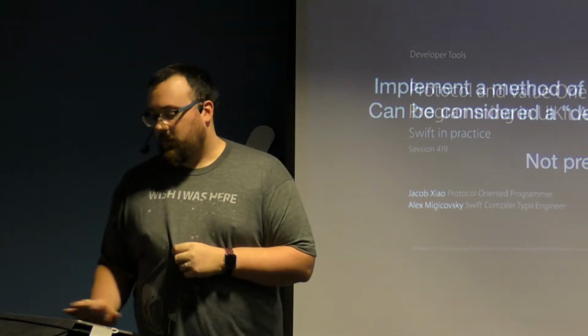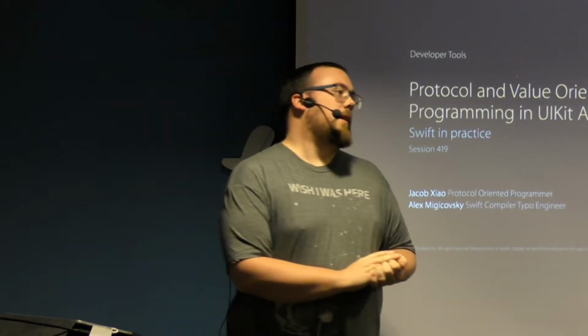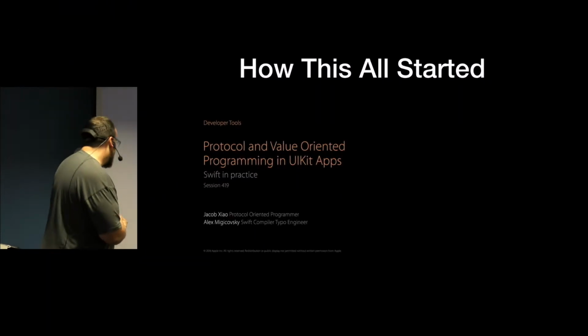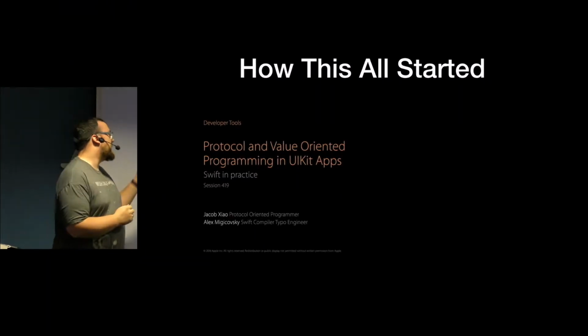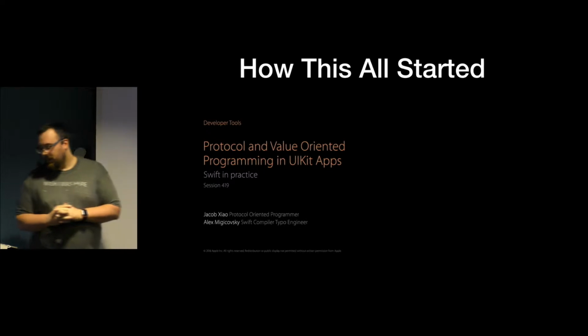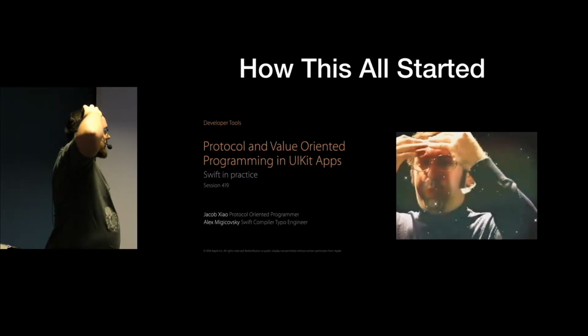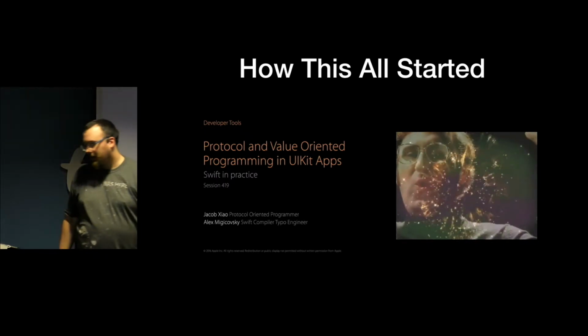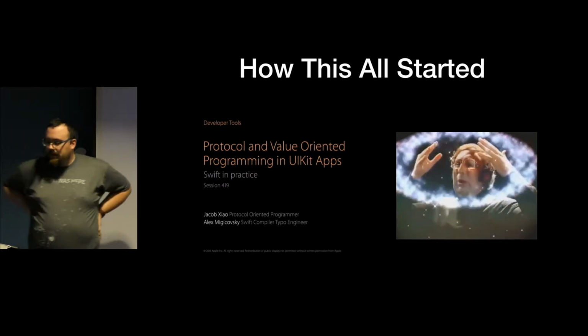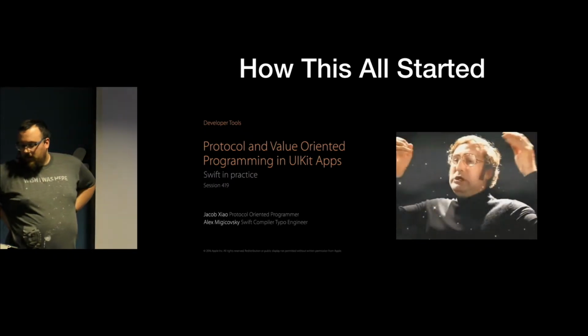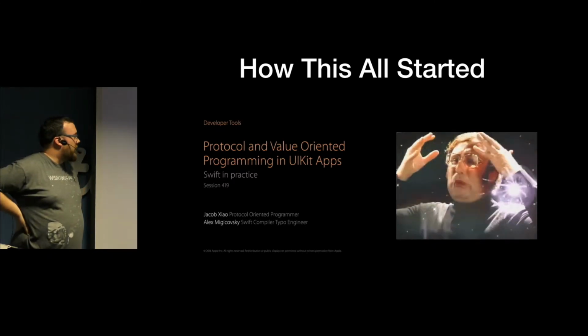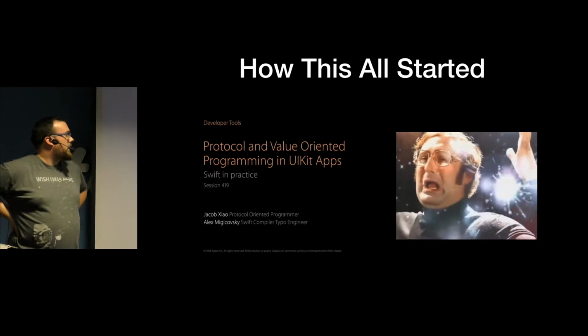So what happened a few years ago is WWDC came around in 2016, I believe, and this talk came out. And then the Swift community saw it, and their minds were just blown. And what happened was protocol-oriented programming.